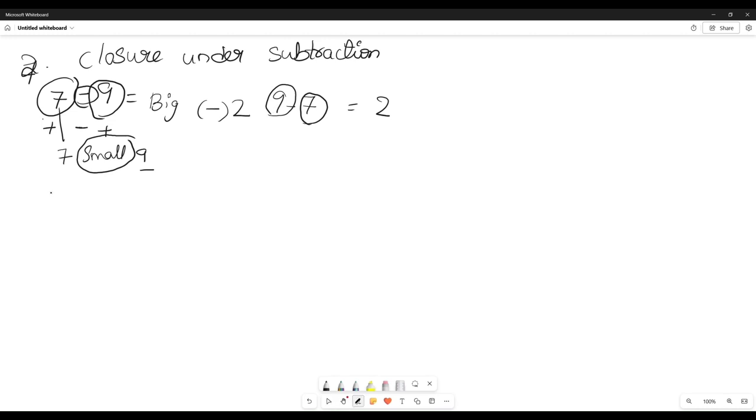Let's see the second example. 17 minus minus 21. Here we used both the integers, positive integer and negative integer. Minus into minus, which is 17 plus 21. We get 38.